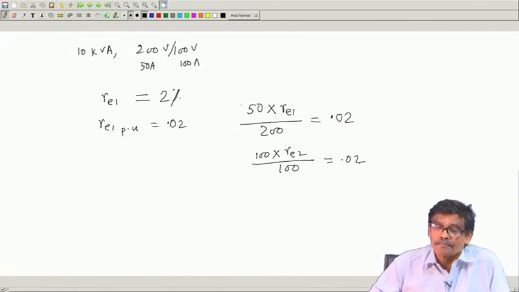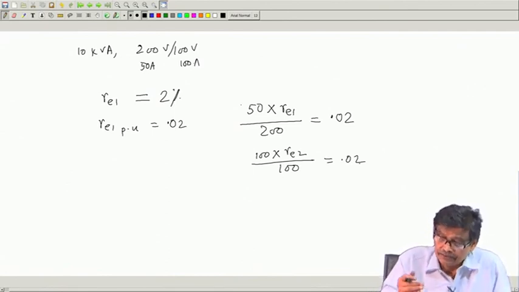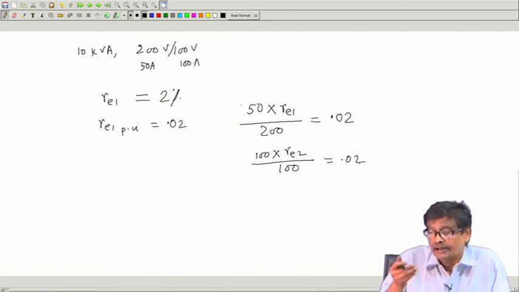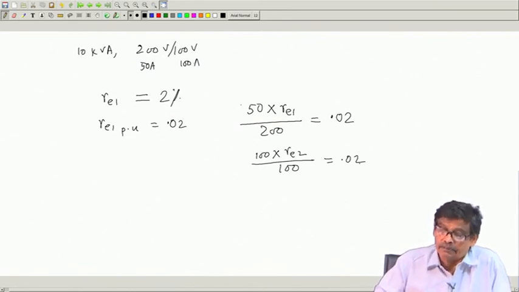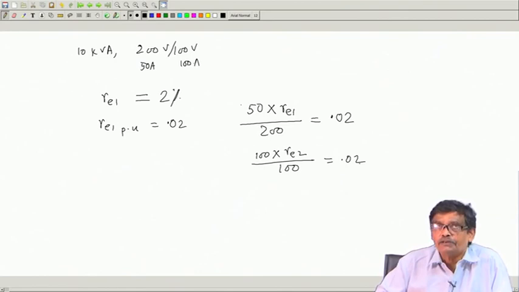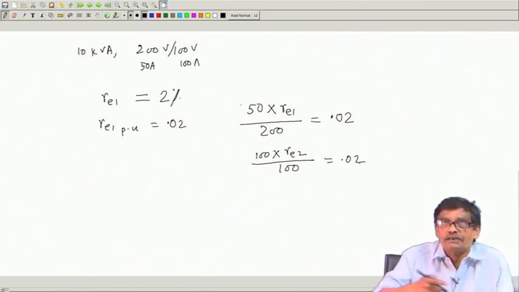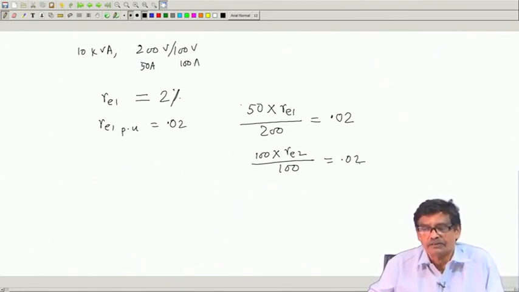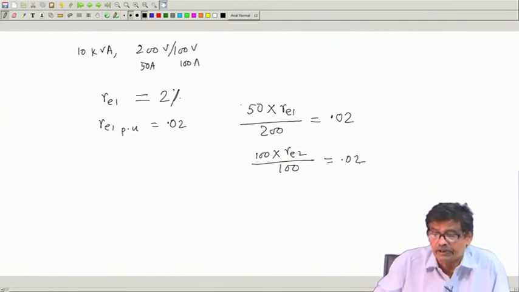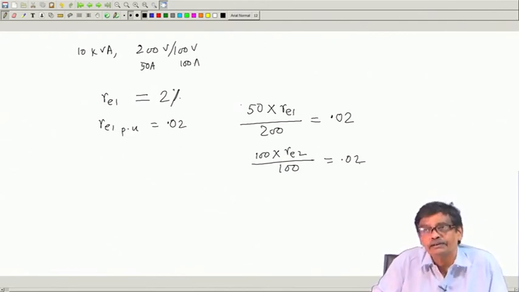Therefore, knowing the rated currents and the per unit values, per unit values are never specified in terms of primary or secondary, because from whichever side you calculate, that value will remain the same.